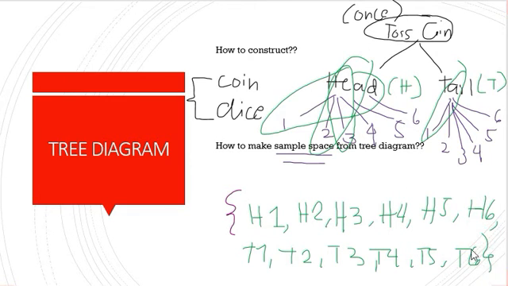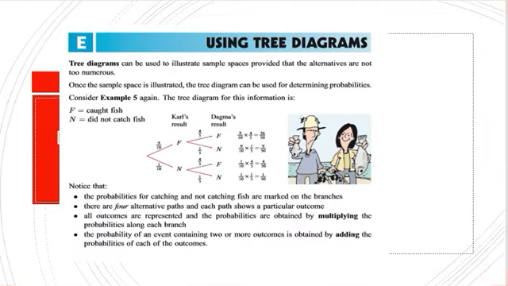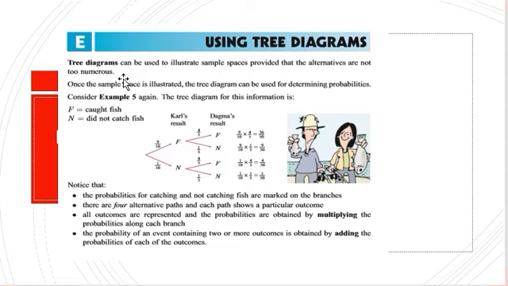This is how we formulate a tree diagram and how we make a sample space out of a tree diagram. Now let's understand some concepts regarding how to use it. Tree diagrams can be used to illustrate sample spaces provided that the alternatives are not too numerous.